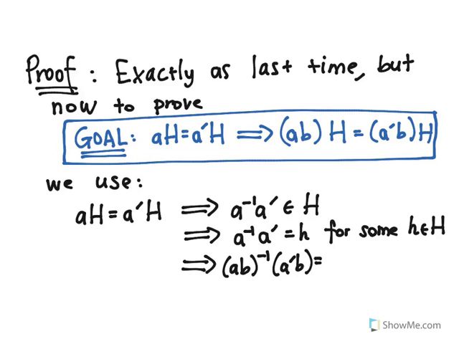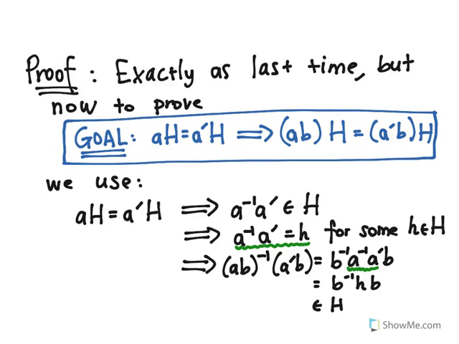Namely, we look at (ab) inverse times a'b, which if we rearrange or unpack it, becomes b inverse a inverse a' b. A inverse a' we can replace by lowercase h. But now here's the key moment where our assumption of normality is being used.